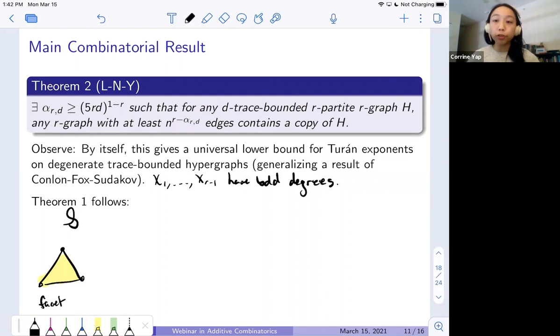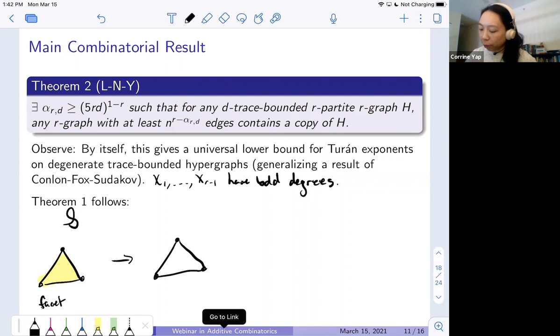I'm going to construct a very particular homeomorph of my S by subdividing all of the faces contained in my facet, other than the vertex, of course.